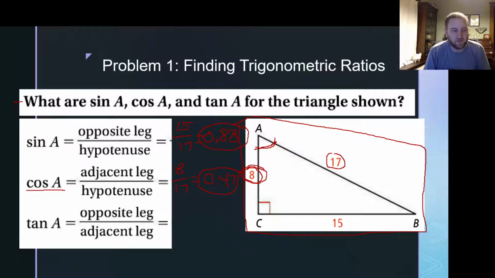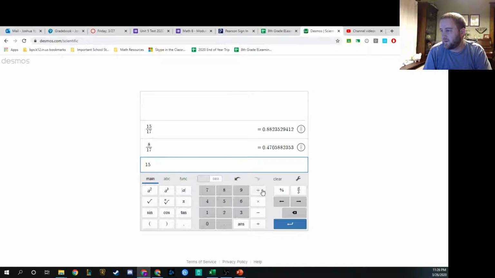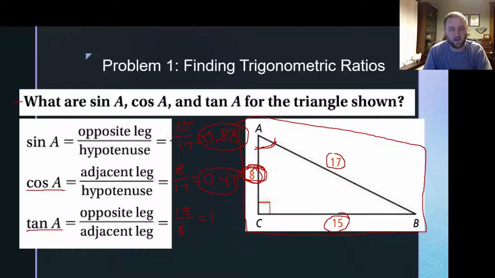And then last, we've got the tangent of A, which is opposite over adjacent. So opposite over adjacent. So 15 over 8. 15 divided by 8 is 1.87 or 1.88. We'll round it up like so.